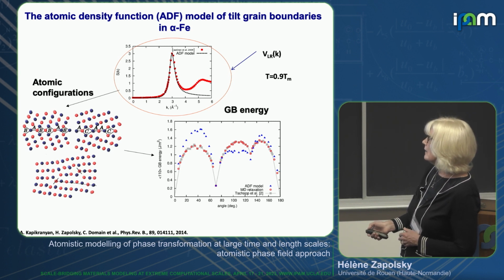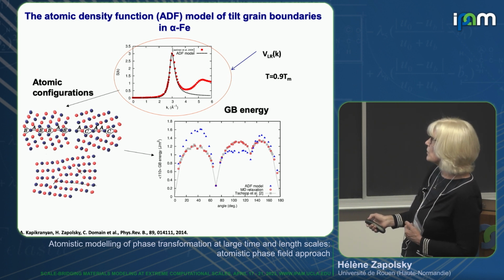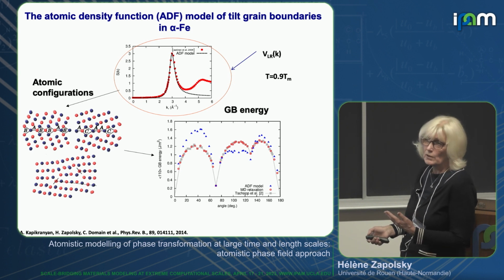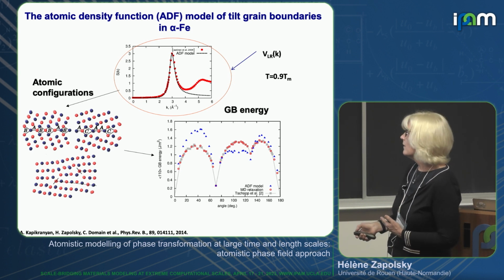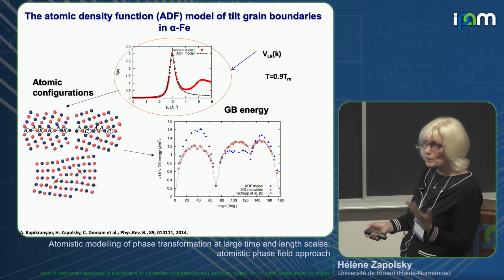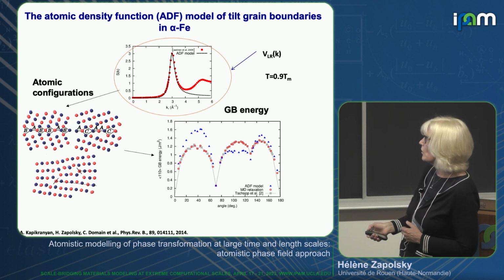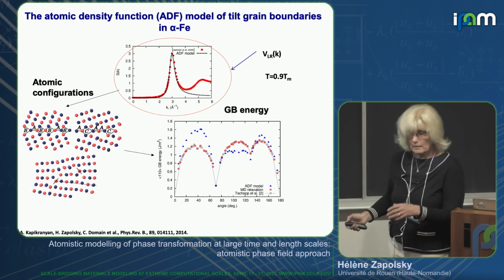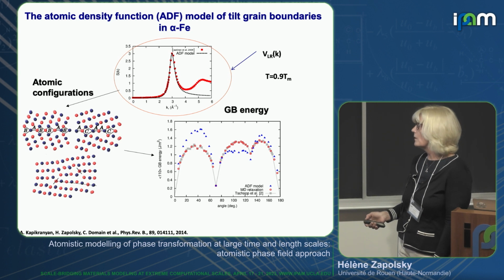In our case, we calculate the structure of the grain boundary at high temperature, so 0.9 of melting. Of course, at this temperature, the energy of the grain boundary cannot be the same as in molecular dynamics at T equals 0. This is why we relax our structure using molecular dynamics simulation at T equals 0. Here you can see that it reproduces exactly the energy obtained by Chop, who used just pure molecular dynamics simulation.